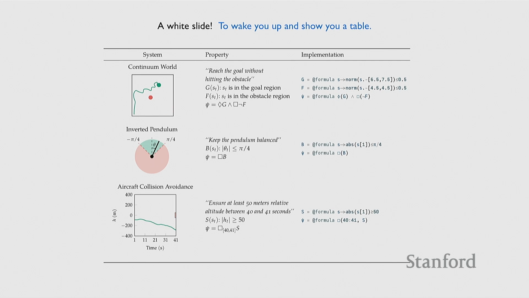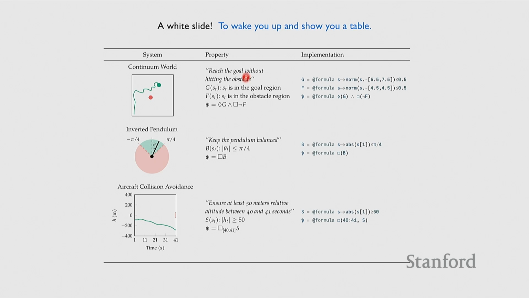So this table is from the book. I think this is the crux of what we were trying to get to here, which is specifying properties for the various examples that we'll use throughout the quarter. Here are just 3 of the example problems. One is this continuum world example where you have an agent that moves around in this square, and it wants to get to the green goal and avoid the red obstacle.